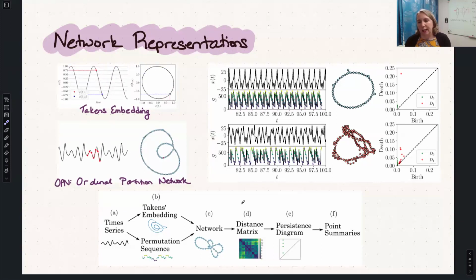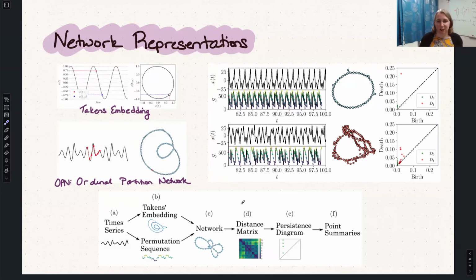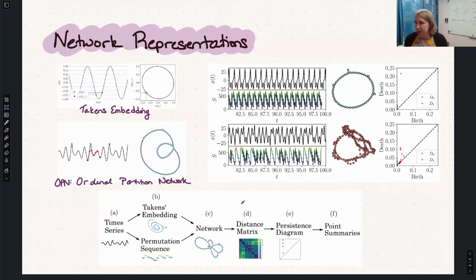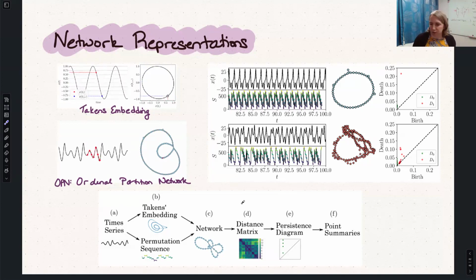The other thing that I've been interested in a lot is how to deal with computational costs, which I haven't really talked about in this talk. One of the downsides, in my opinion, of persistence is that compared to just about anything you might want to do, it is relatively hard to compute. It's O of n cubed, but that n is hiding a bunch of terms we don't talk about.